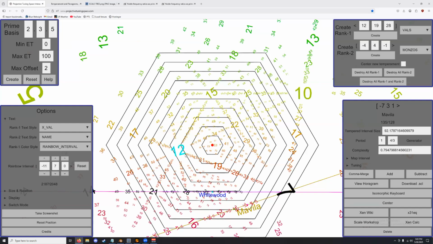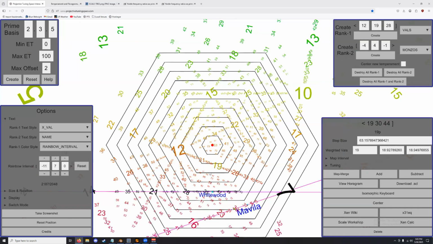So like what we were doing earlier, moving along this line, as you cross over certain boundaries, certain intervals will flip over. If you go below 19, everything that's tempered out in 19 will be flipped to the opposite way than it was in 31, or in 26, even though you're mean tone both ways. The other commas that are tempered out in 19 are tuned oppositely.